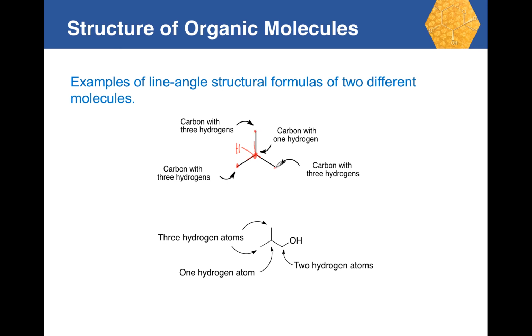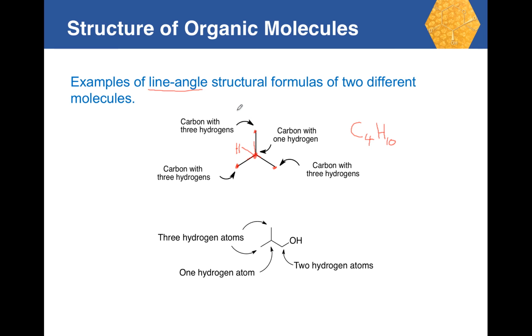Here's a C with 3 hydrogens. So this molecule here has 1, 2, 3, 4 carbons, and it has hydrogens. So let's add them up to see what we get. 3, 6, 9, and 1 makes 10. So that would be the chemical formula for this molecule as represented using the line angle structure.